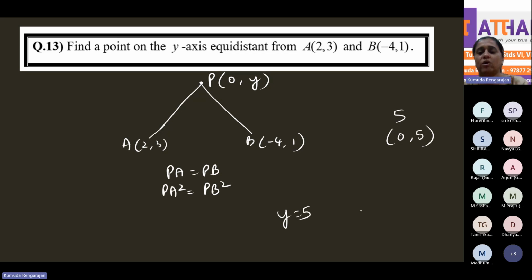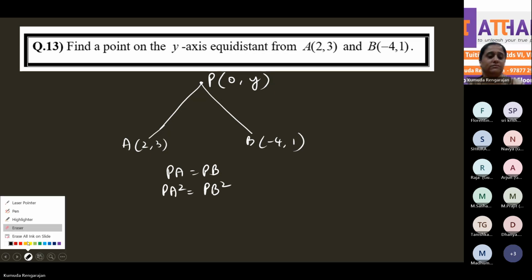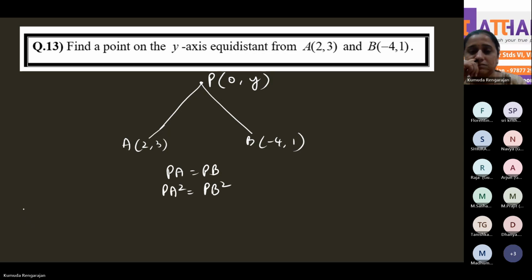So the point is (0, y), or (0, 5). Done, children? Yes, ma'am.